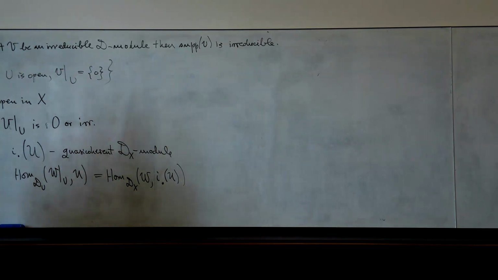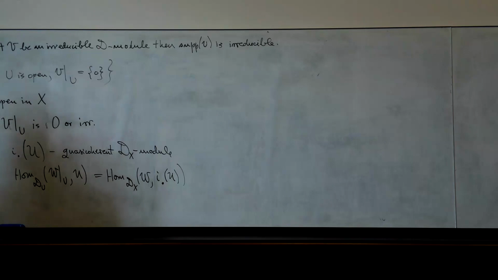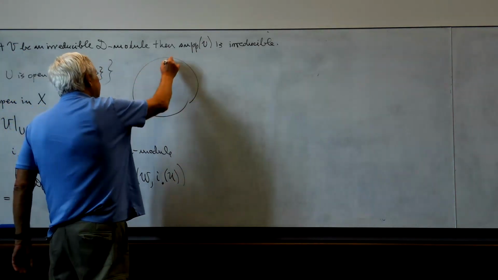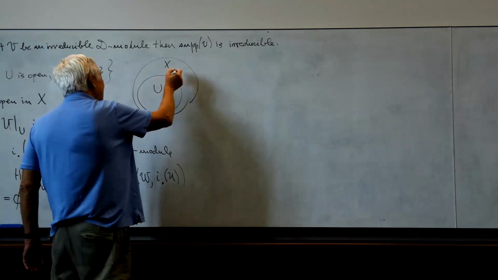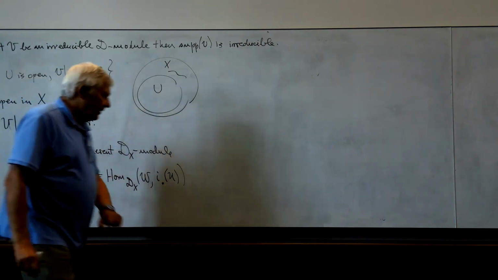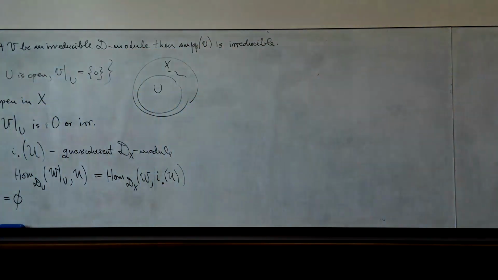So the first observation is that if the support of W is in the complement of U, so this is my X, and I have U here, and I have something supported outside of U, then this is 0, so W cannot be a submodule.